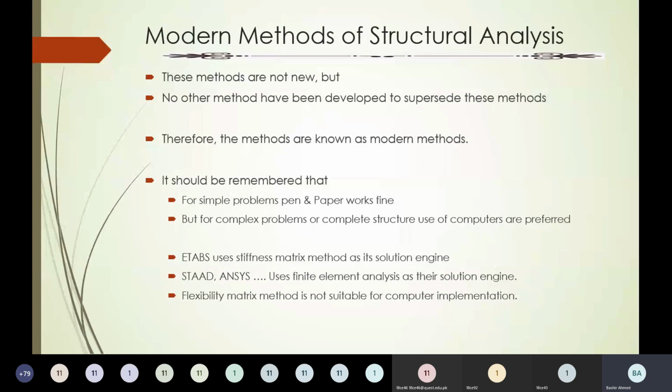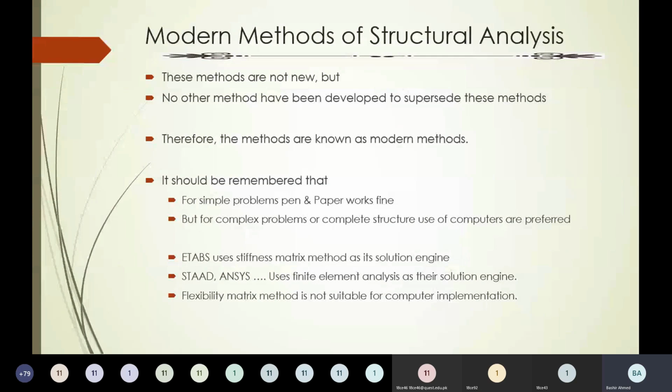Because software is a set of rules, buddies. I'm sure you have studied in RCC that even if calculations tell us that steel is not required in the structural member, because we all know, buddies, if the bending moment is zero, then the steel required must be zero. When the bending moment is zero, the steel requirement is zero, then being a user, I'm free not to use steel in the structural member, because this is the rule.